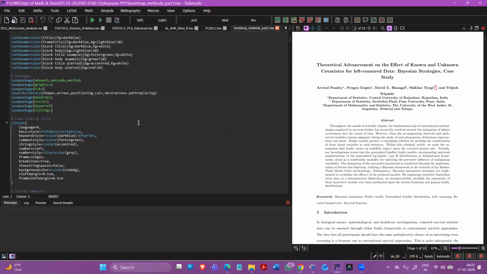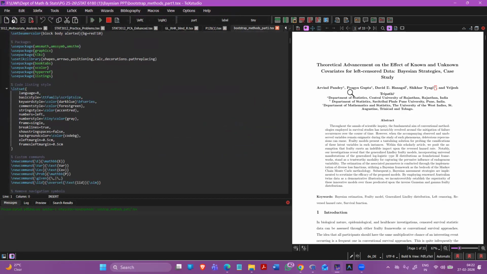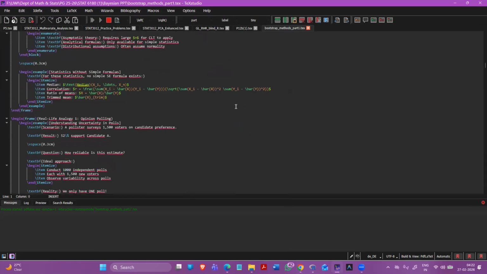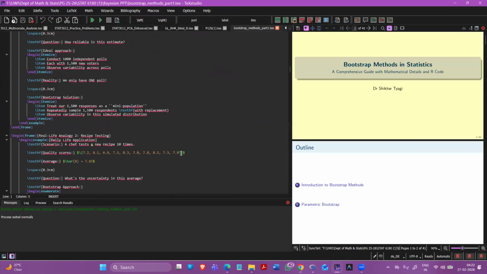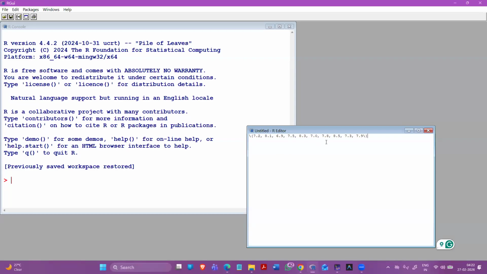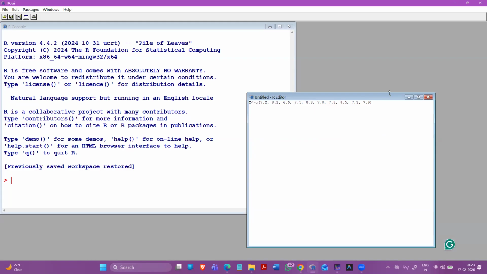This is my data set. I'm calling it capital X. This is my population right now.